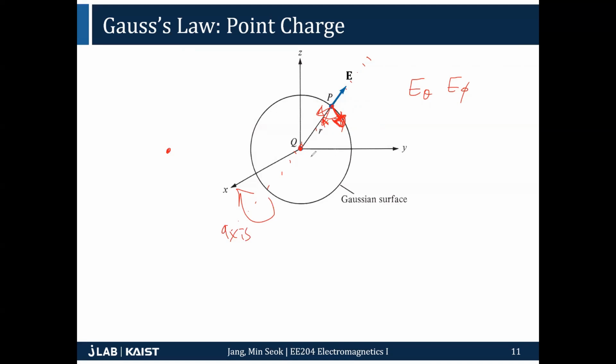So because of this, you know that you cannot have any E theta or E phi component, right? So when you apply Gauss theorem, I hope you keep thinking about this symmetry operation.